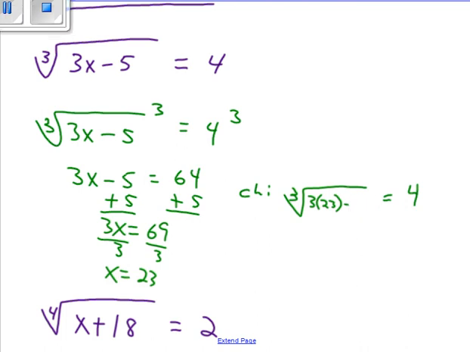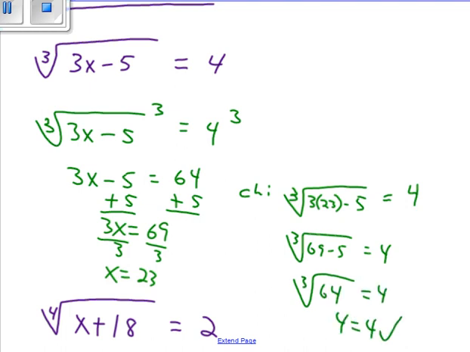Sorry, I made a mistake right here, that should be 5. So I end up with the cube root of 69 minus 5 equals 4, well that's the cube root of 64, and that does equal 4, so it checks, and so x equals 23 is a good solution.